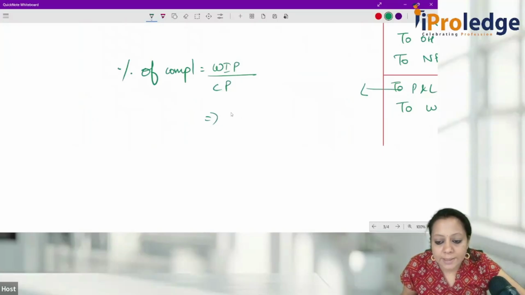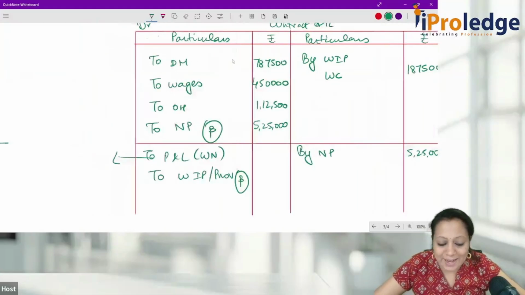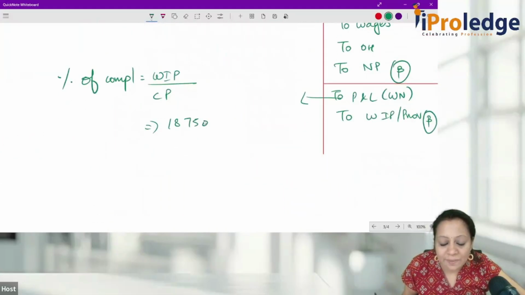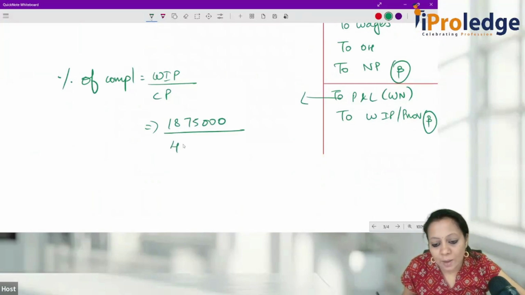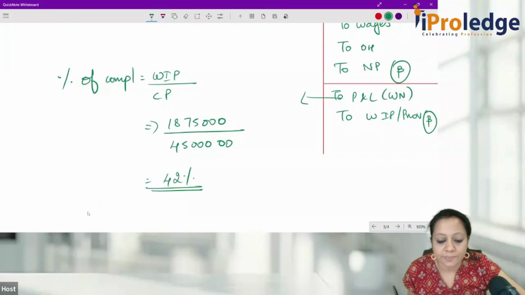WIP, which we just found out, is 18,75,000, and the contract price is 45 lakhs. How much percentage are we getting? 42 percent.